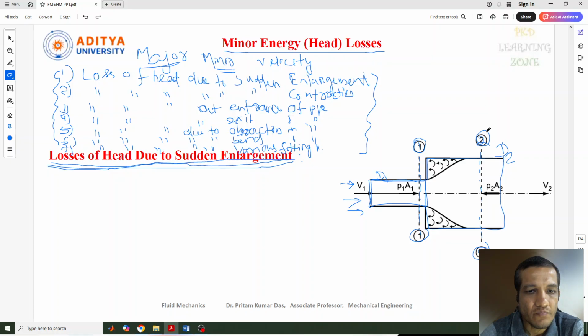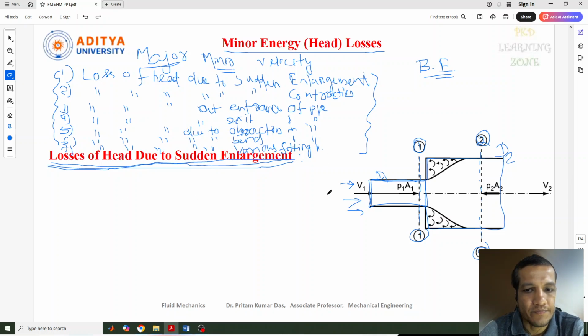We are considering two different sections because when there is fluid flow through a pipe, we need to consider Bernoulli's equation. So we need to apply Bernoulli's equation in the fluid flow.